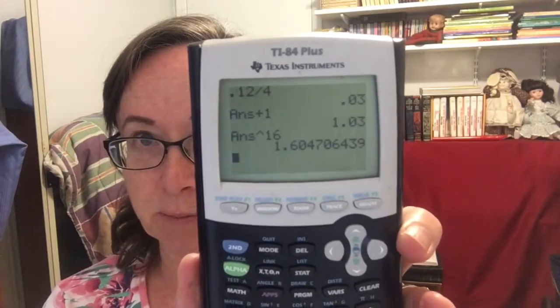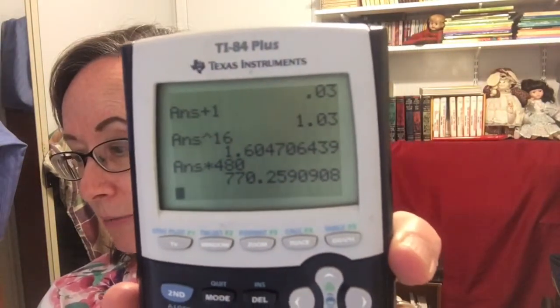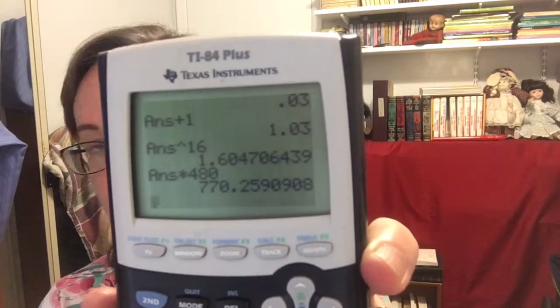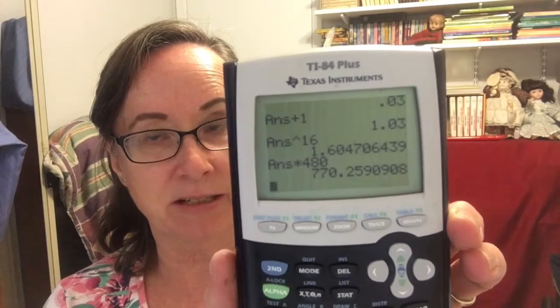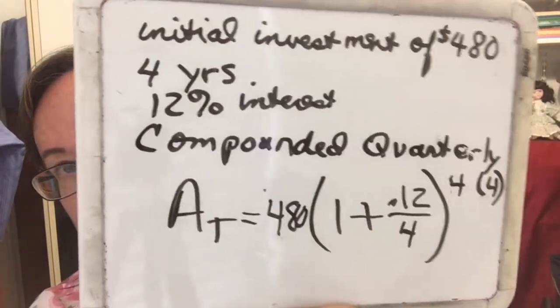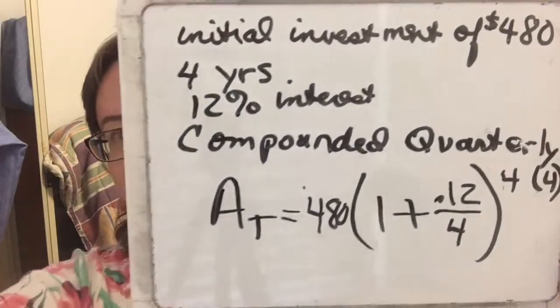And lastly, I'm going to multiply that by 480, and I get that. So $770.26, and that's what we have. And that's the correct answer. So a very simple formula right here. You're going to make sure that you memorize that formula, plug it in, and you should be good.